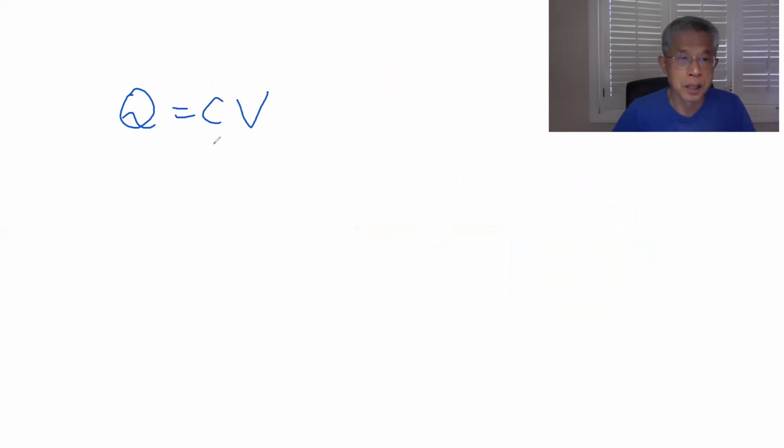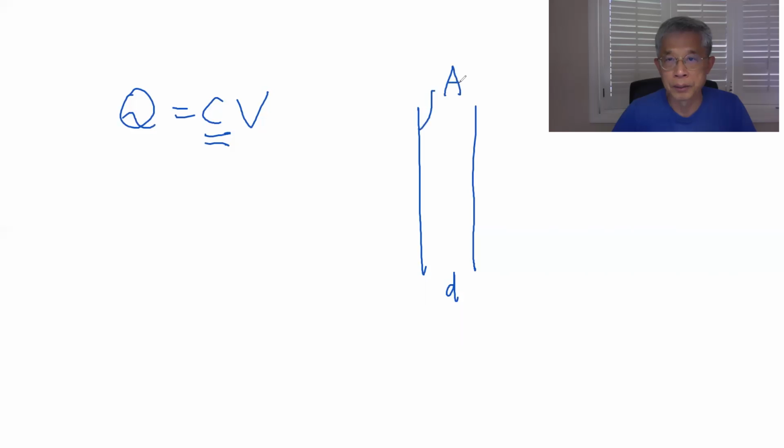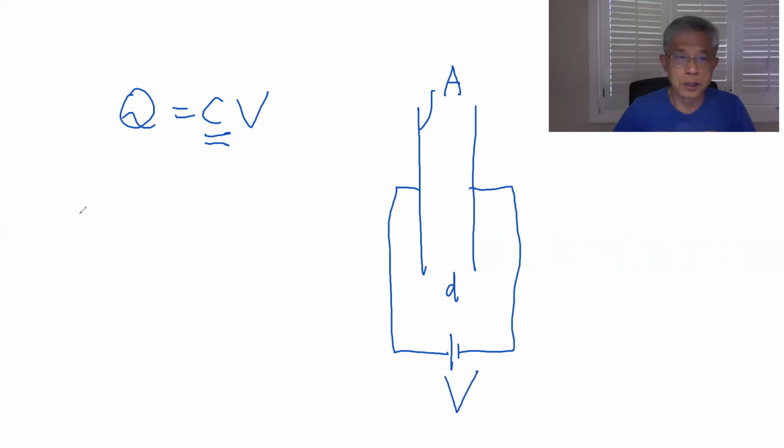So what it says is, given a C, if you're given a D here and given an A there, when you put an external battery V on it, then how much Q you have on the parallel plate depends on the V. So the larger the V, the larger the Q, given the C is constant.